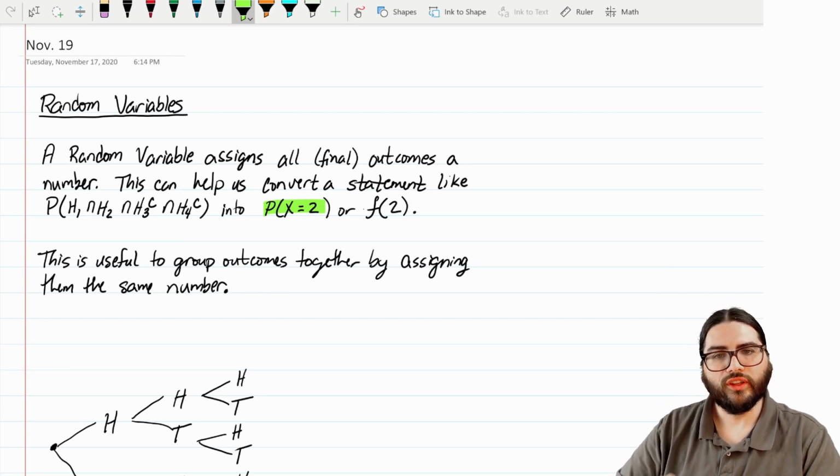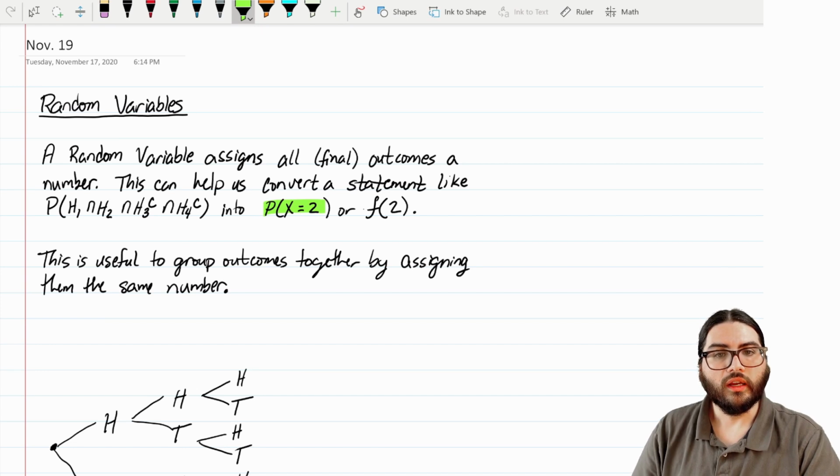And so this probability statement is papering over a more fundamental probability statement, but it's one that will give us outcomes that are easier to manage, easier to count, easier to calculate with. And so I can just say, well, what's the probability that X equals 2?